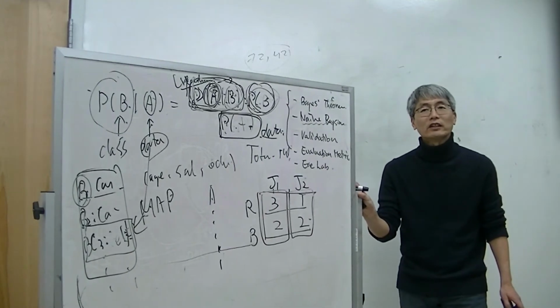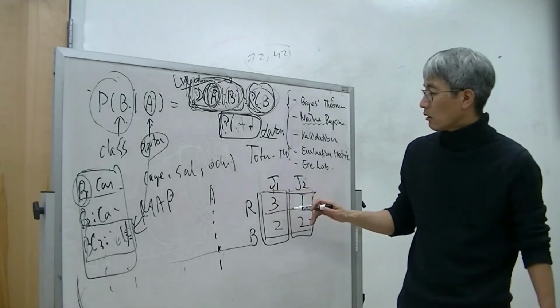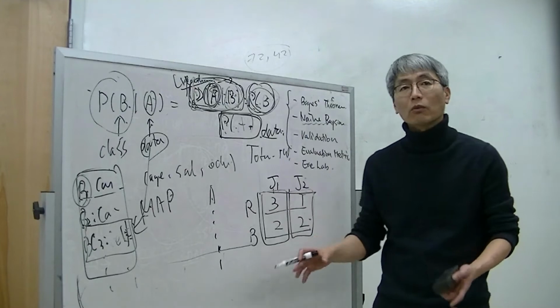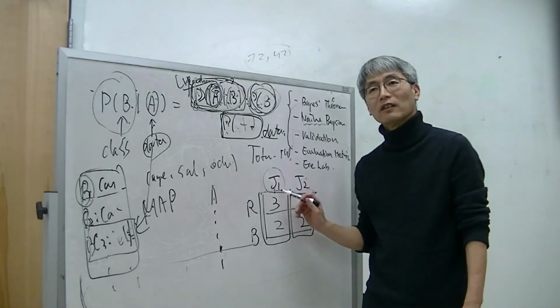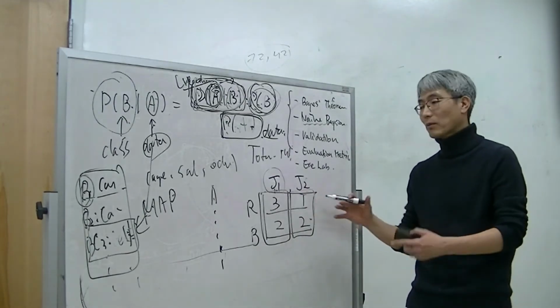Okay, inside. So when you pick up, you do not know which one is which, but the ball you pick up is red. What is the chance of jar 1, box 1? Or what is the chance of box 2?